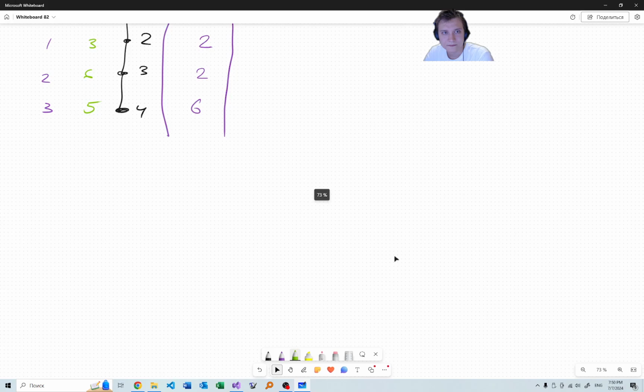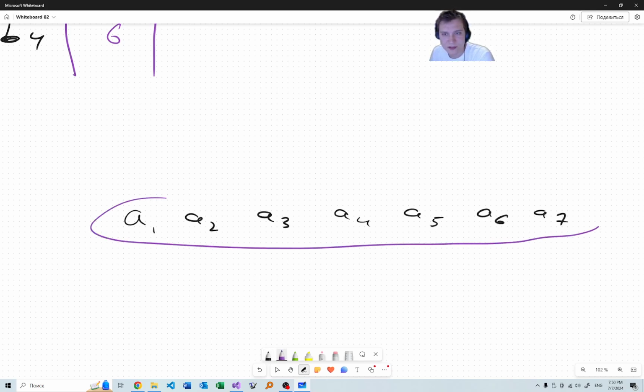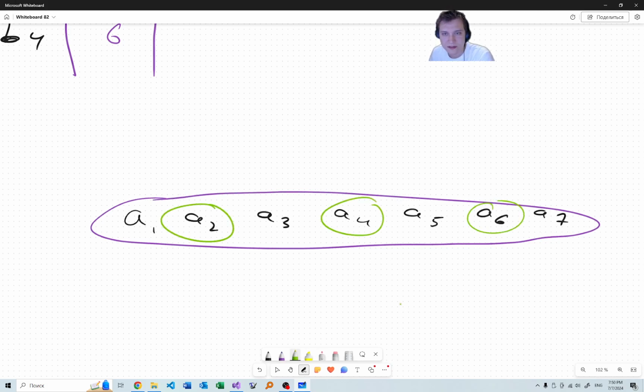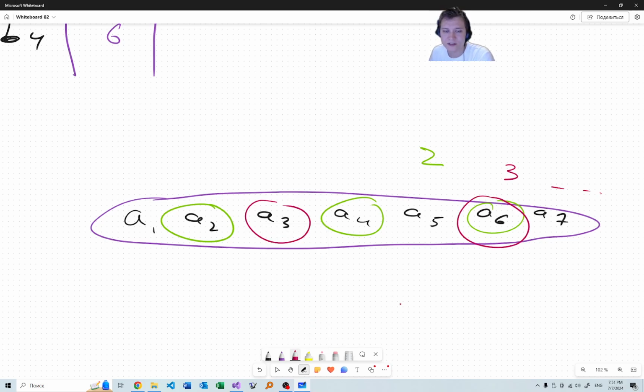So what you want here is that the sum of all elements is divisible by 1, the sum of even elements is divisible by 2, the sum of each third element is divisible by 3, etc.